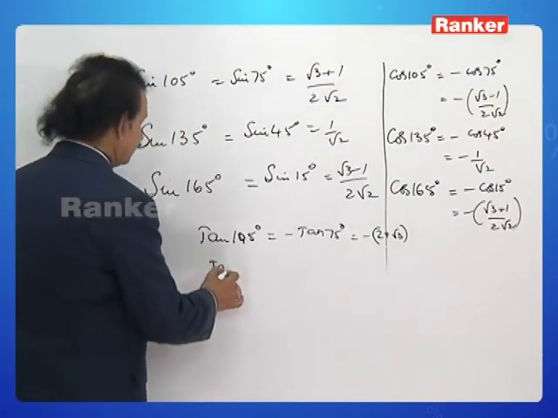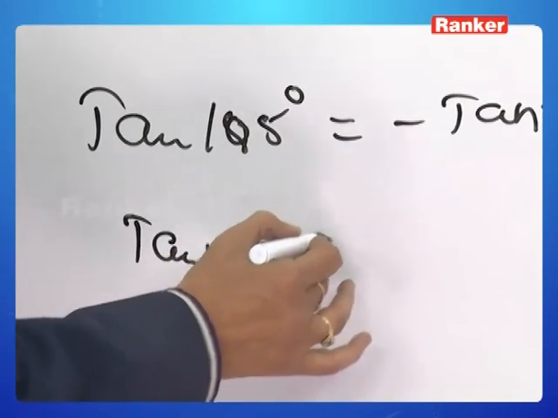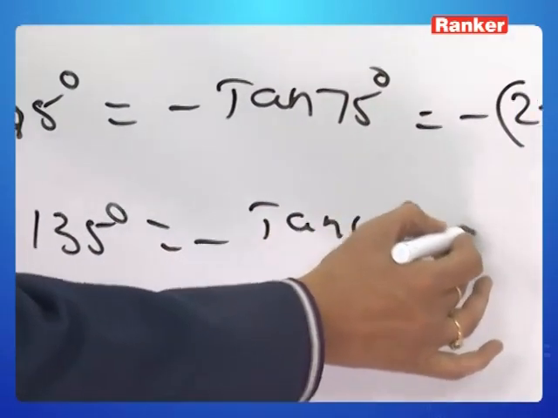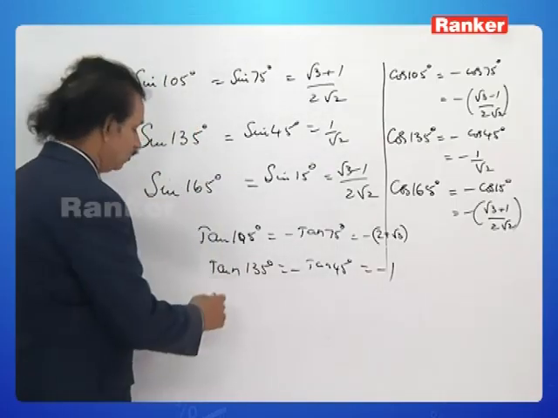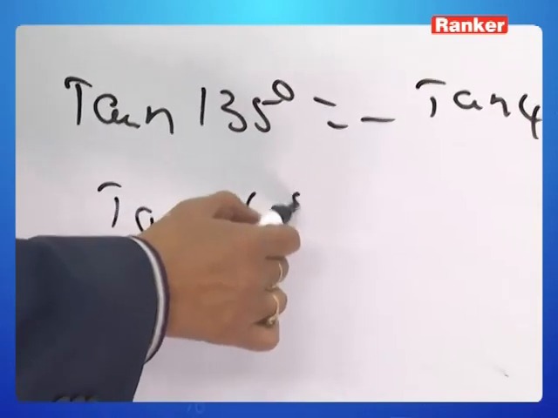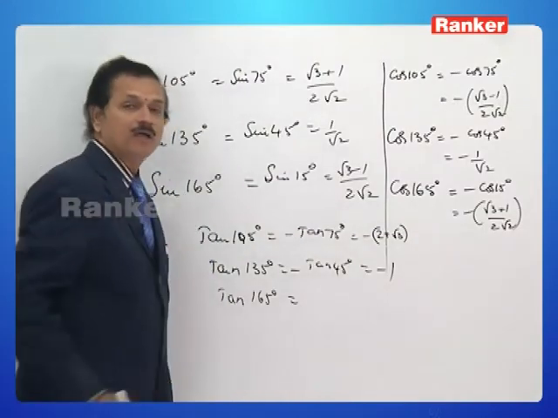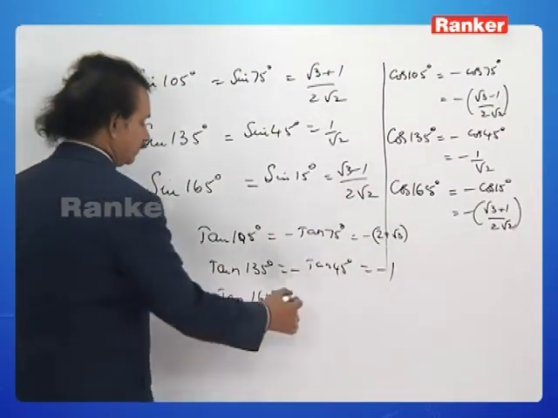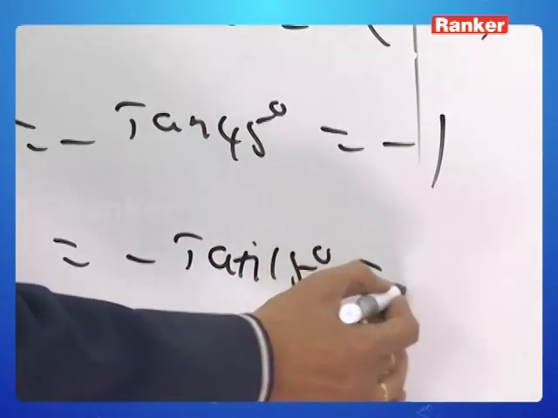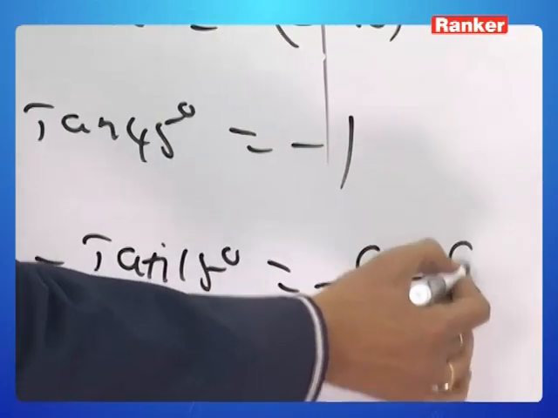And tan 135. What is tan 135? Minus tan 45. What is minus tan 45? Minus 1. What is tan 165? Minus tan 15. Minus of (2 minus root 3).